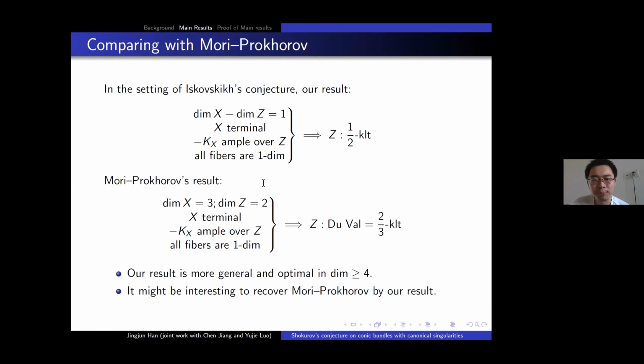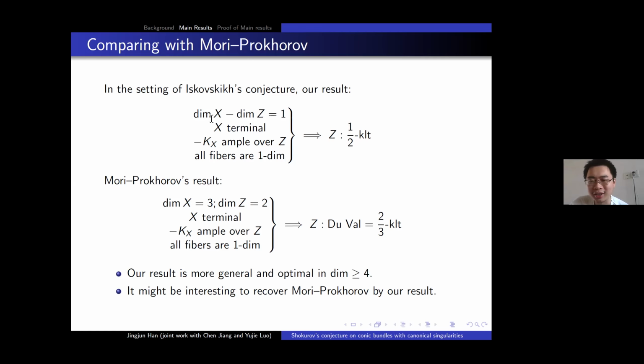Before I introduce the idea of the proof of our Theorem B, I would like to give a comparison of our theorem with Murayama-Perkoff's results. In the setting of Shokurov's conjecture, our result is about fixing the relative dimension.